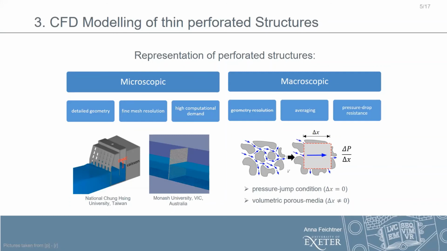There is one alternative option where this structure can be represented by its macro scale effects. So the geometry is not resolved in detail, but its effect on the fluid is represented by a pressure drop resistance by means of its bulk effects.